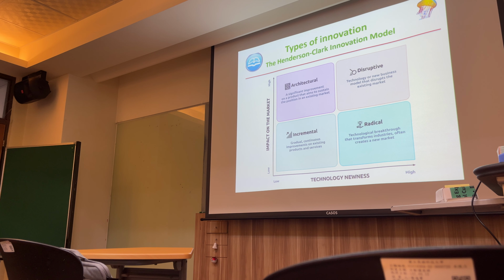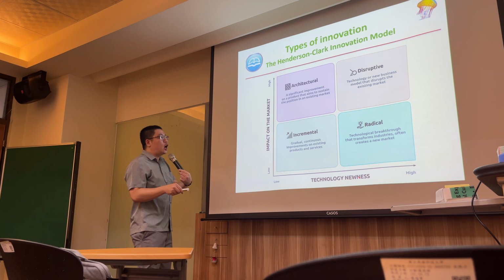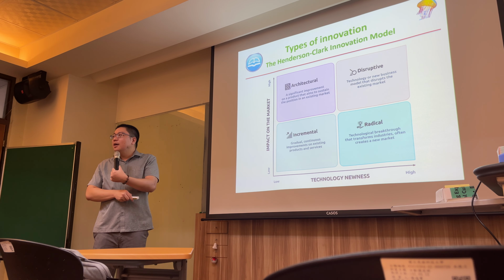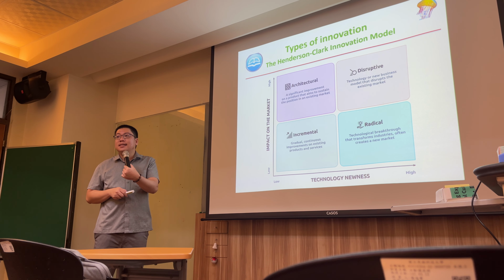Yeah, we continue with the classification of innovation. We classify based on the 4P model. And we have another way to classify based on technology newness. It means whether the technology is new or not, and the impact on the market.